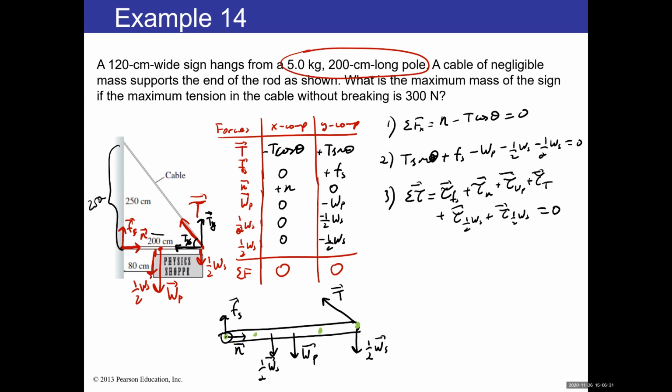So I have six different torques acting on it. But what I can do here is choose one point to be the axis of rotation that can eliminate any force that's going through that axis of rotation.